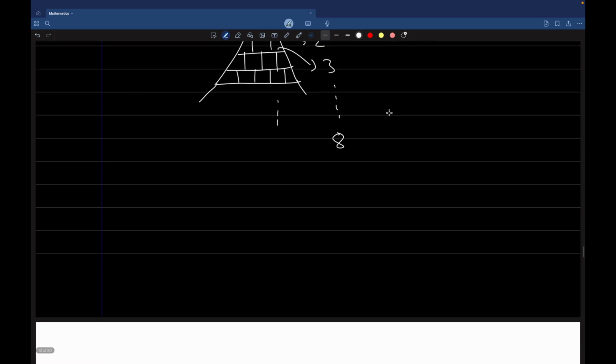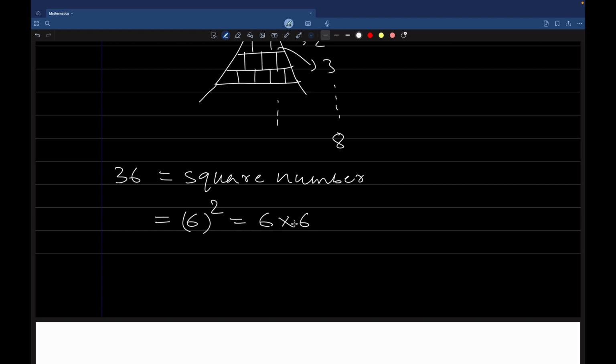Now let us look at this 36. Why is this also a square number? That is 6 square, or we can say 6 into 6 is 36. We can draw this in 2 dimensions.